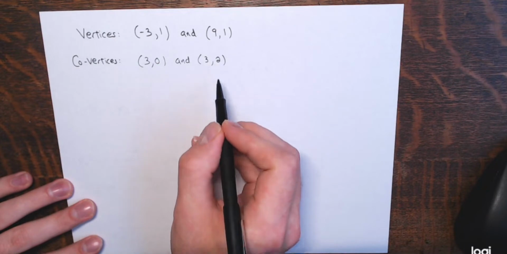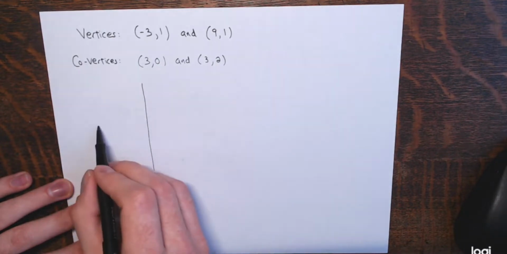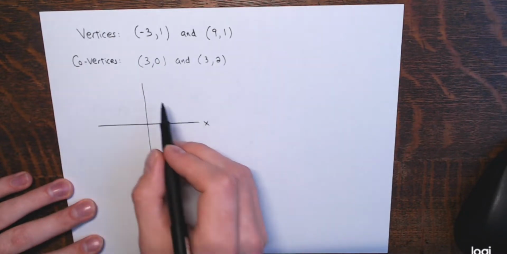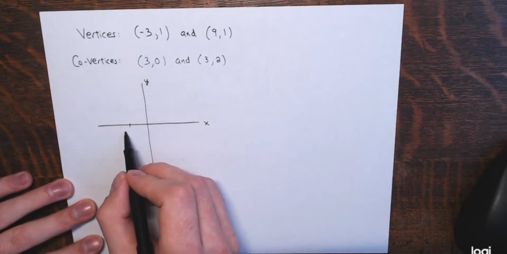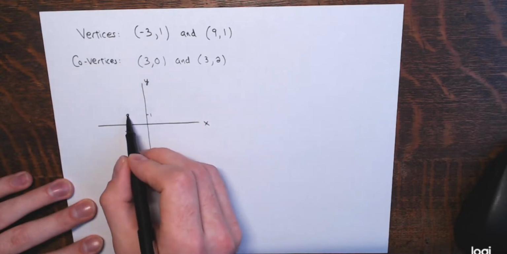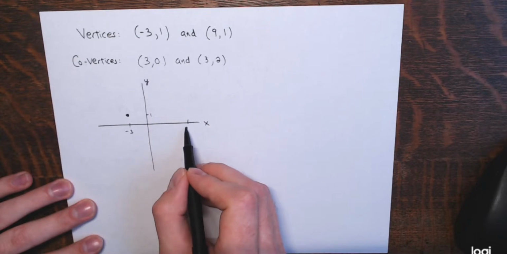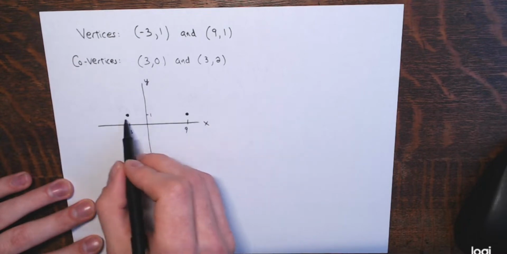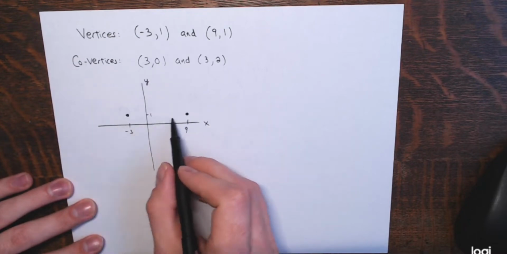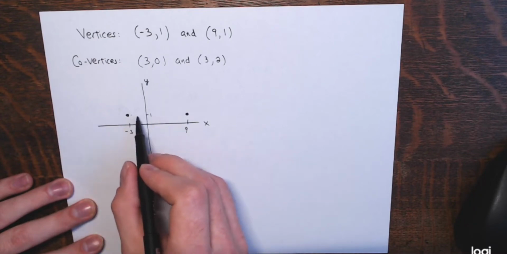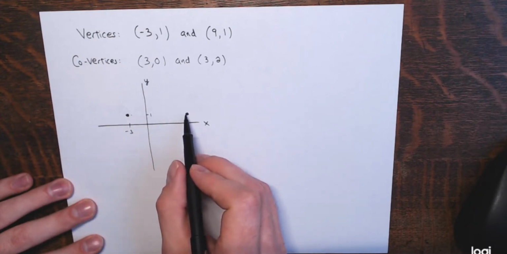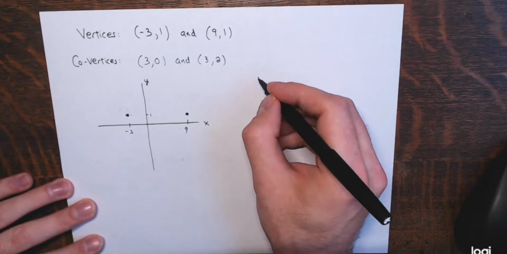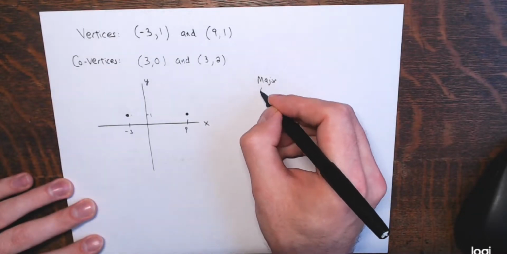And if you want to draw this stuff, go ahead. You know, -3, 1 vertex, 9, 1 another vertex. So that means the major axis is horizontal.